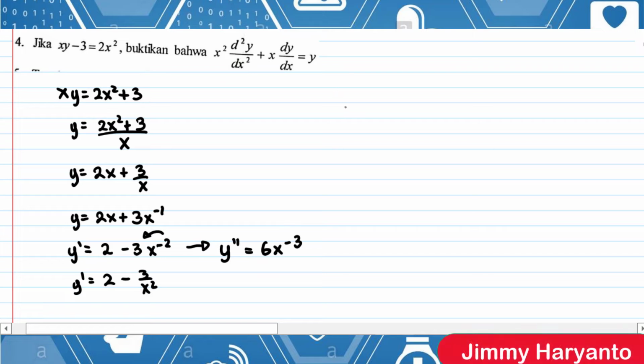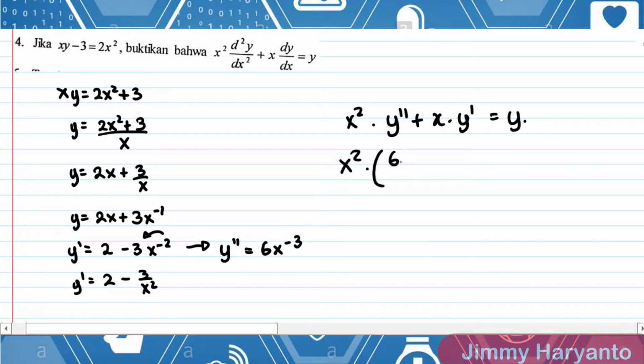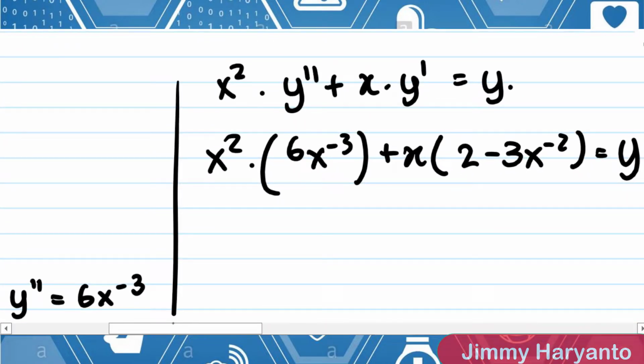And then after that we have to prove that x squared times y double accent plus x times y accent should be equal to y. Let's substitute the y double accent. You will get x squared times 6x to the power of negative 3, plus x times the y accent, 2 minus 3x to the power of negative 2, equals y.